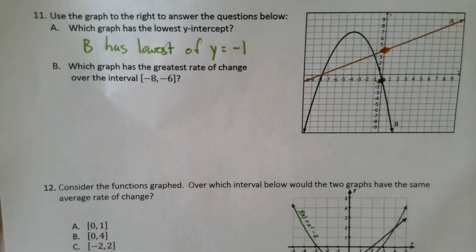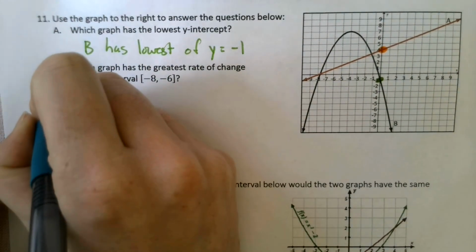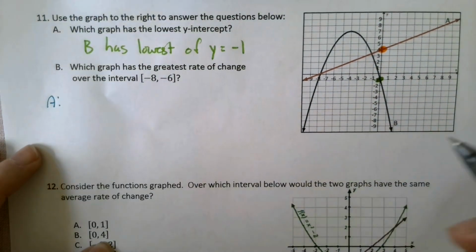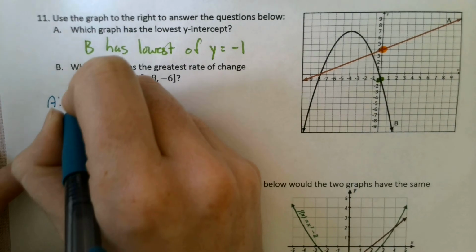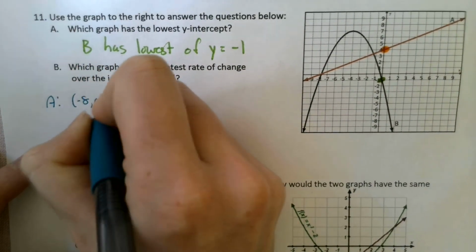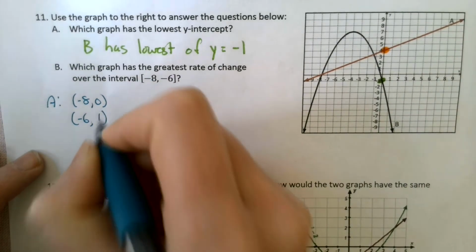Alrighty. And then, which graph has the greatest rate of change over our interval, -8, -6? Okay, so we need to find those points. So I'm going to do graph A, which is our line. So -8, 0, and then -6, 1.